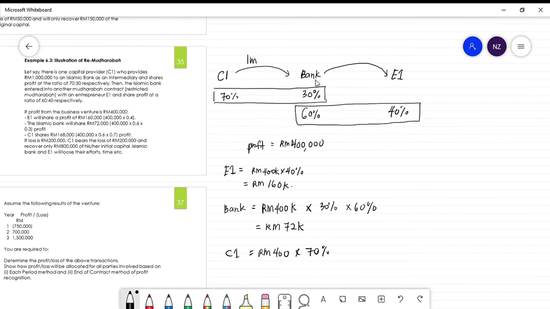So now the mudharib, or the Islamic Bank, got 60% profit from the second mudharabah.